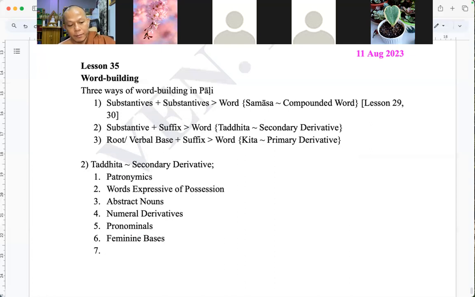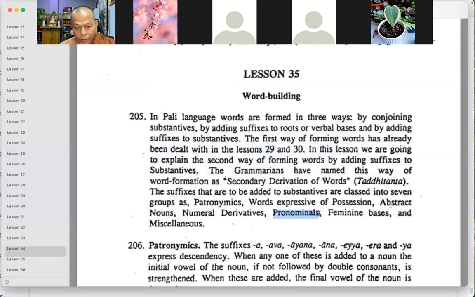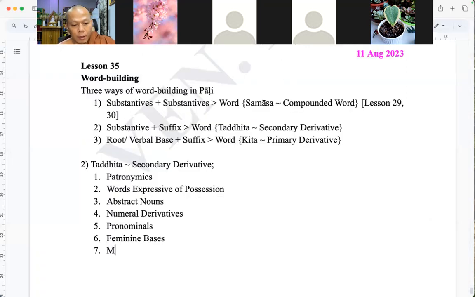And the seventh, the last one, is miscellaneous.